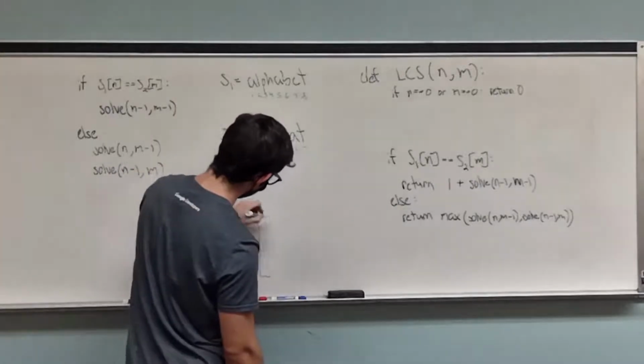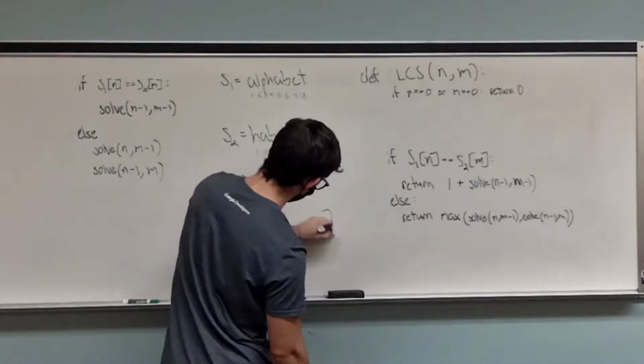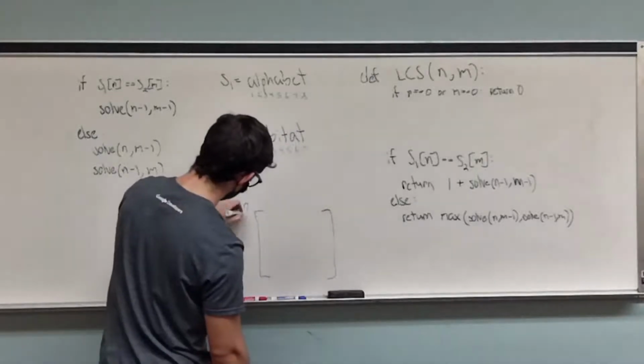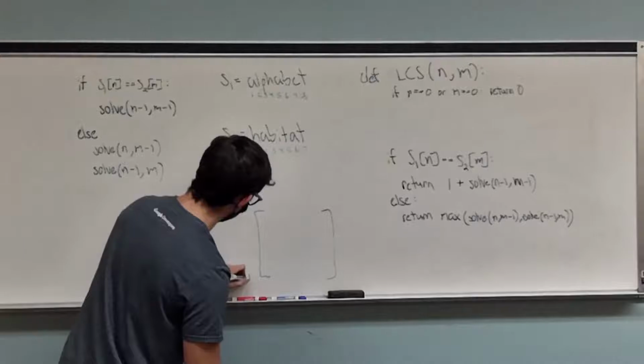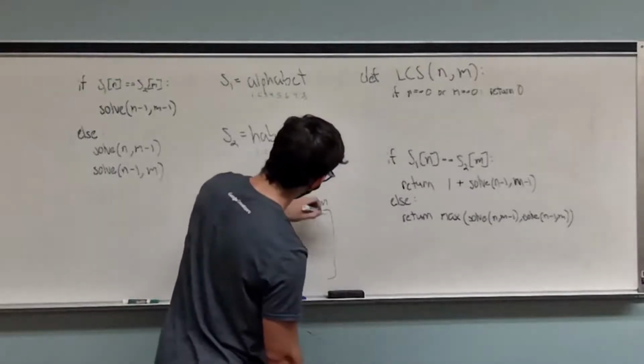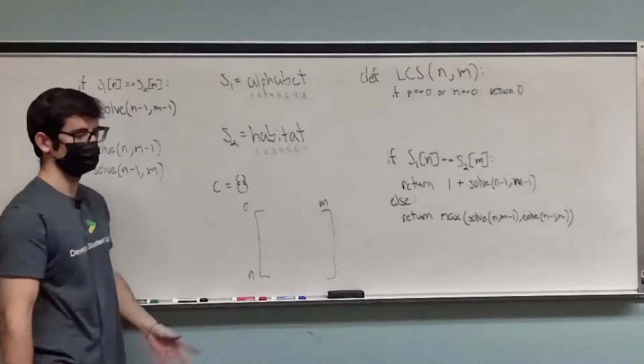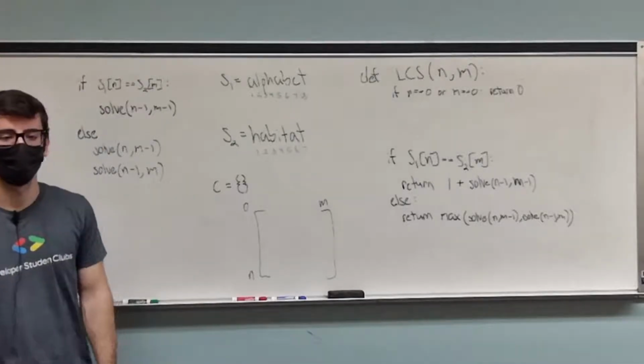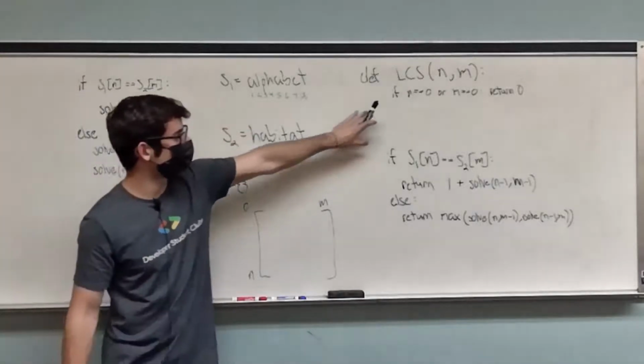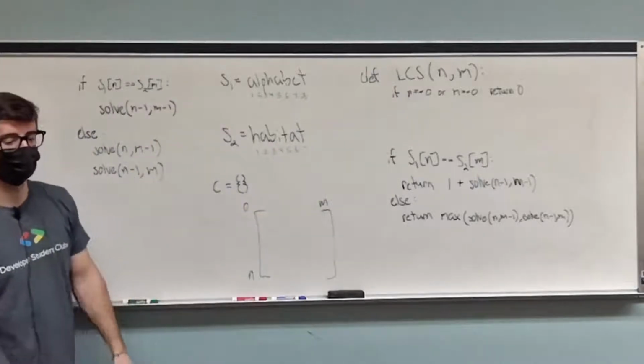Let me draw it out so we don't forget. So what now? What do we need to add here if we have this table?